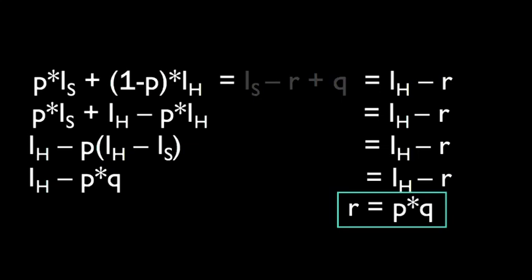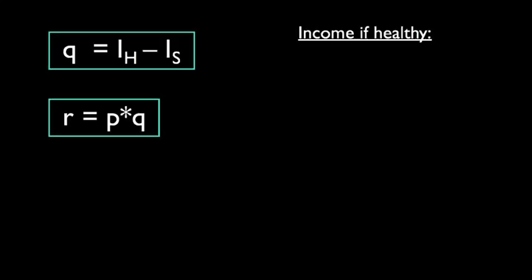All right, let's do one final thing before I let you loose. Let's just verify that there's absolutely no uncertainty in this person's life if they buy an insurance contract that has this particular premium and payout. Okay, let's start with what would happen to the person if they stayed healthy.